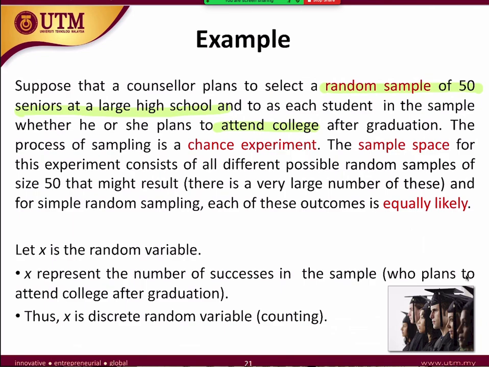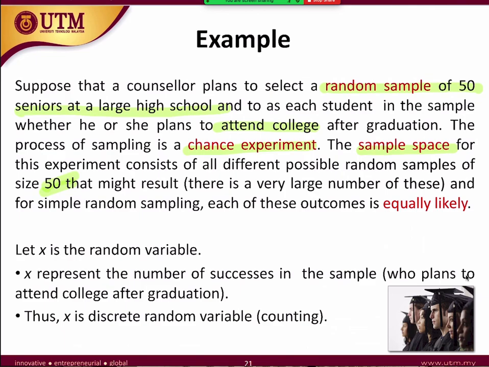The process of getting the data from the experiment is called the chance experiment. The sample space for this experiment is the different possible answers from the 50 students that we might get, which is either yes or no.